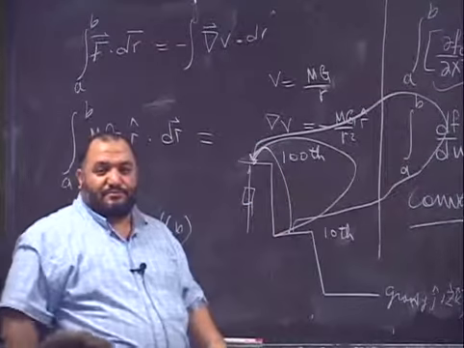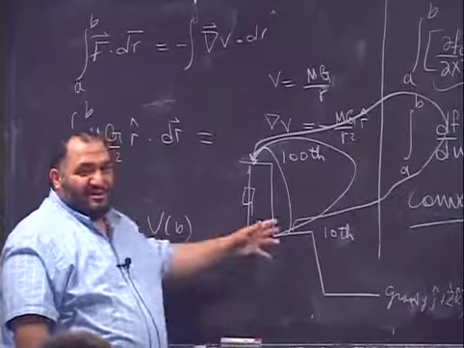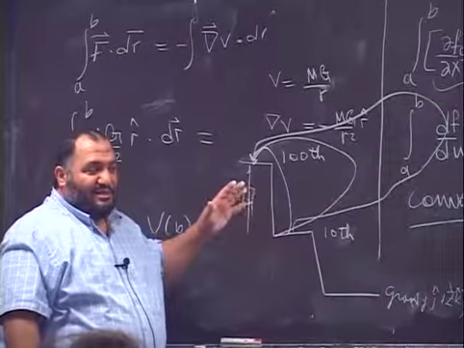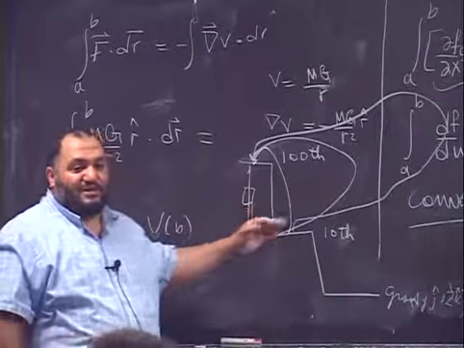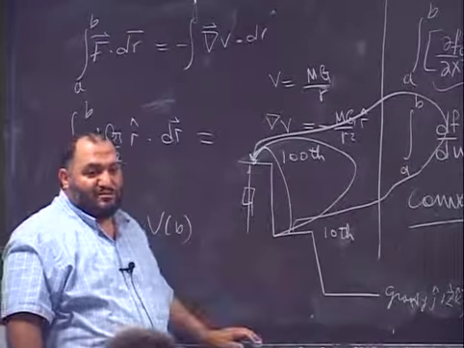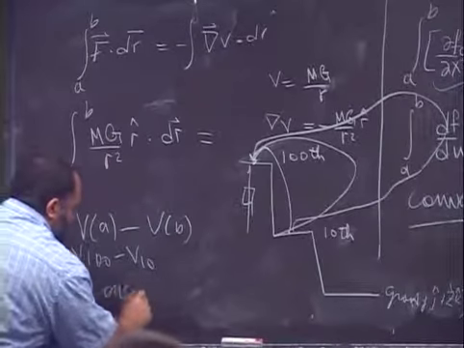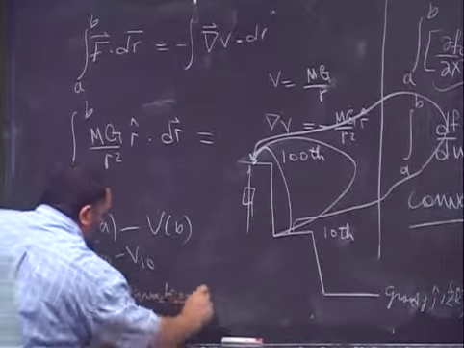Does not depend. So those types of functions or fields, where going from point A to point B in this field does not depend on the path, are called conservative fields. So those are conservative fields.